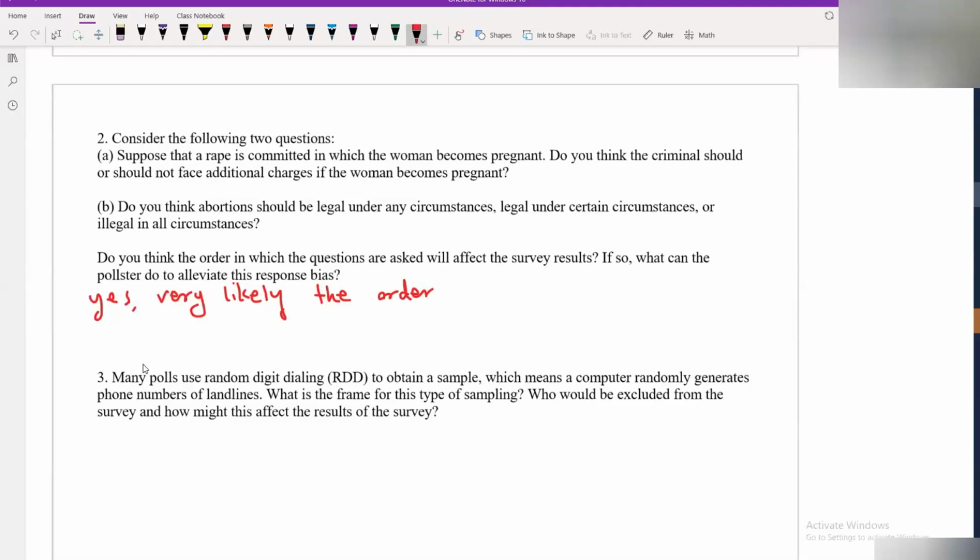If the answer for part B was legal, the answer will change for part A. So it's better to have B first and then part A. Change the order.